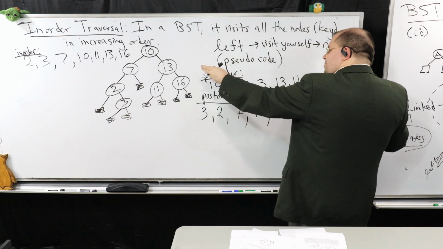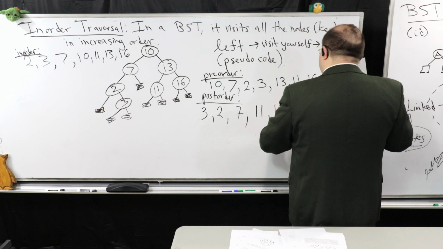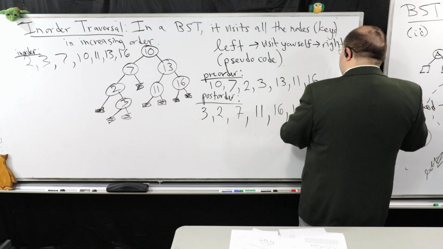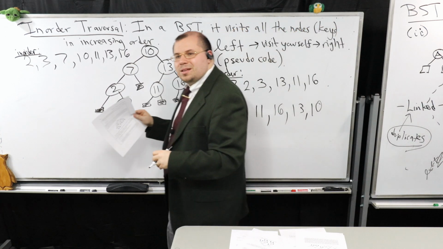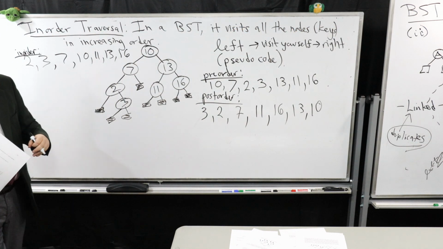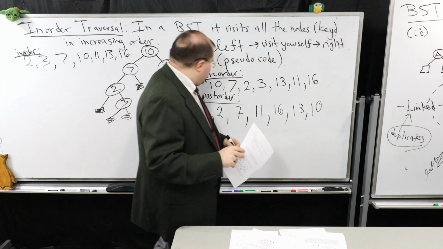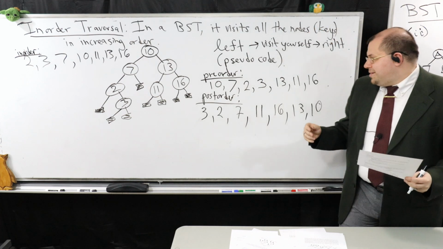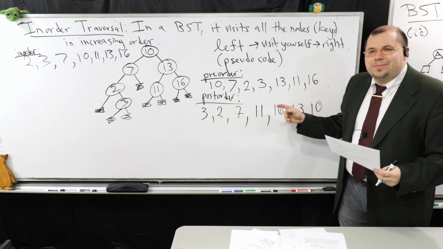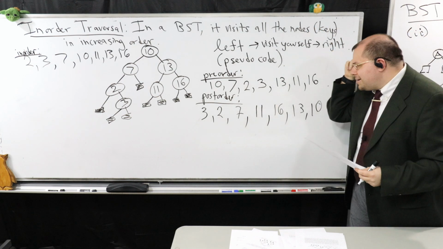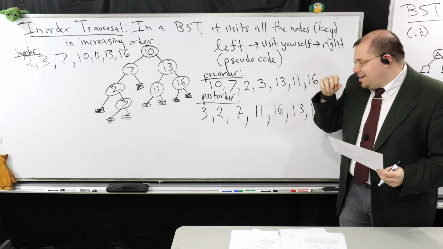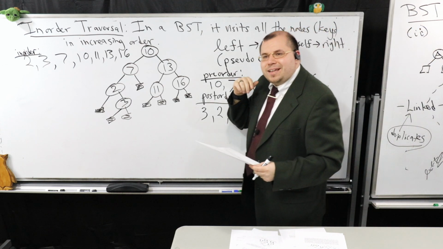Then before I can consider 13, I have to go to 16. Then I go 13 and then 10. Very good. Awesome. So let's see what we got here. So we've got 3, 2, 7, 11, 16, 13, 10.